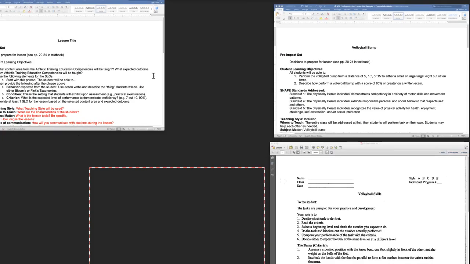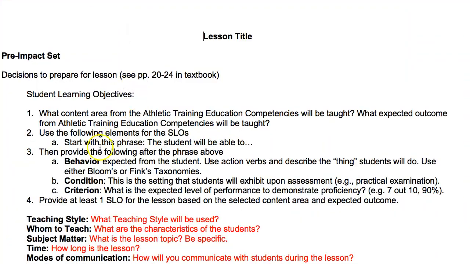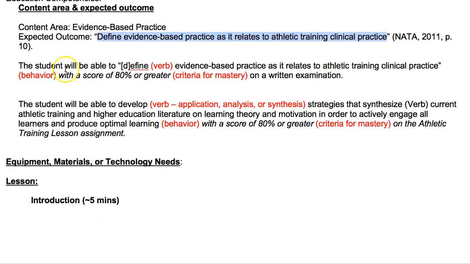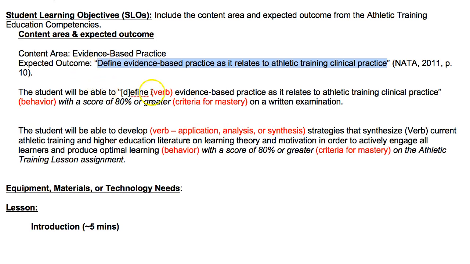Because in the SOLO, I want to make sure that you have this phrase, the student will be able to, the behavior, the condition, and the criterion for that expected outcome. So let's go back. The student will be able to define, that's the verb, they're defining evidence-based practice as it relates to athletic training clinical practice.